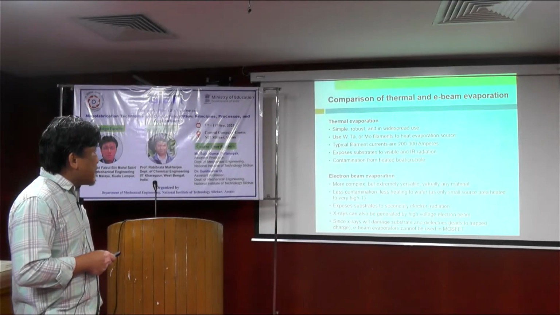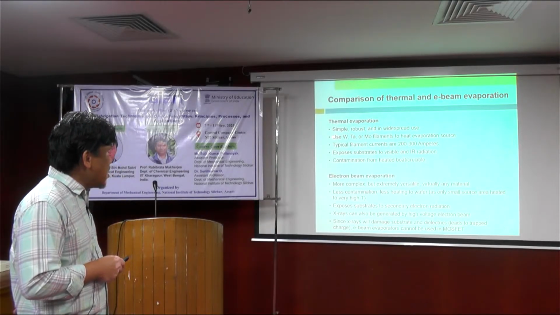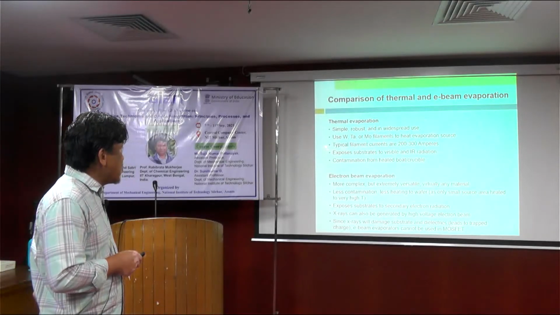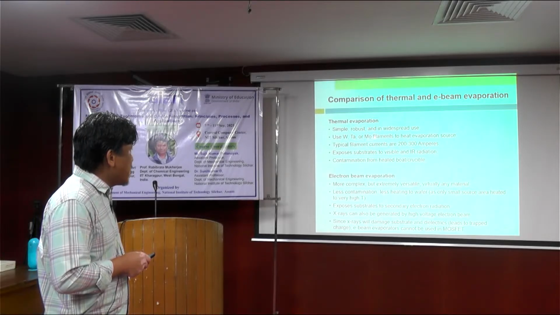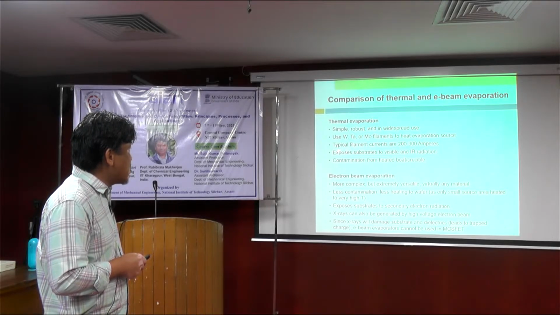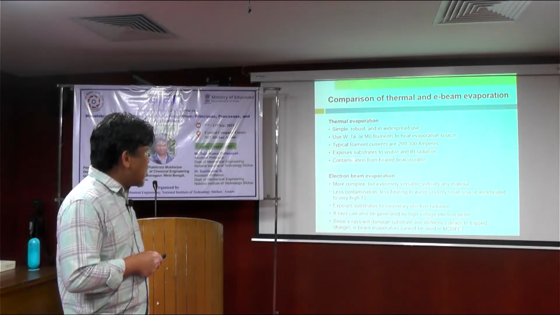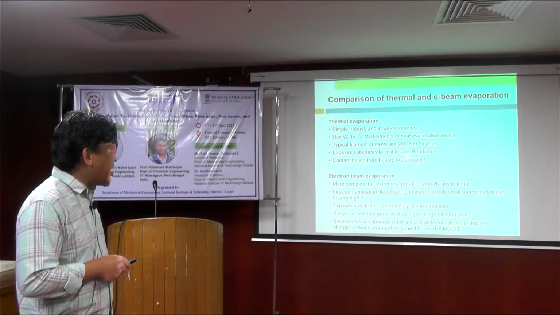In comparison, thermal evaporation is simpler than electron beam, robust and in widespread use. It uses a tungsten or molybdenum filament to heat the evaporation source, typical filament current is 200 to 300 amperes, and it exposes the substrate to visible or IR radiation.